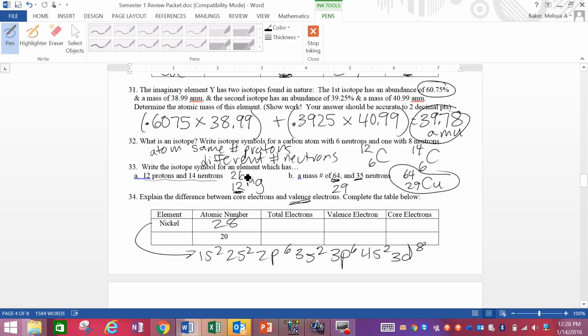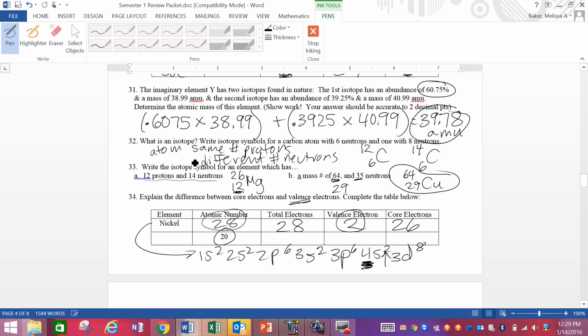What's the largest shell? 4 is the biggest number out front. How many are in that fourth shell? 2. So 2 valence electrons. If there's 28 total electrons and 2 are in the outer shell, how many are left in the core? 26. Let's do another example.